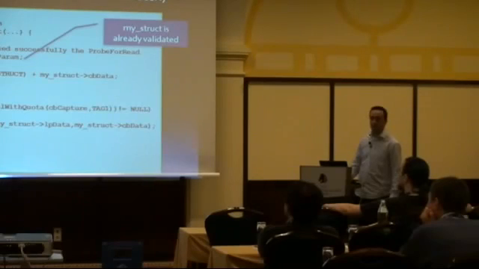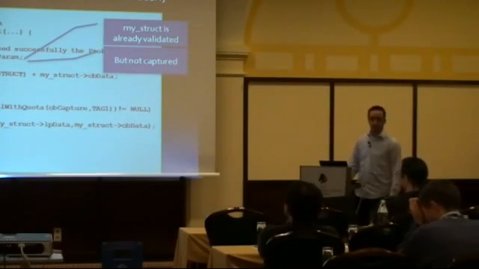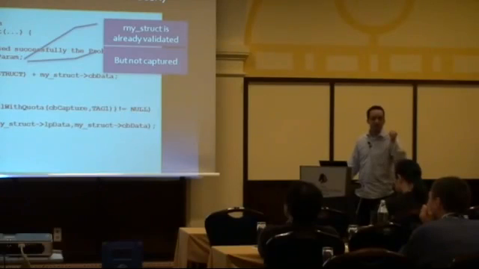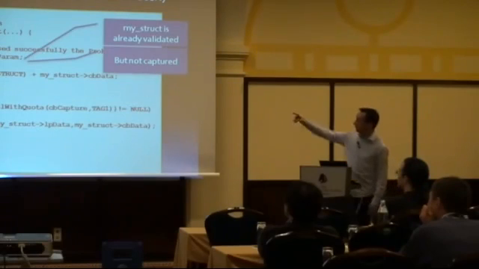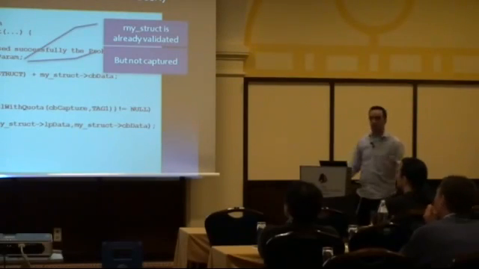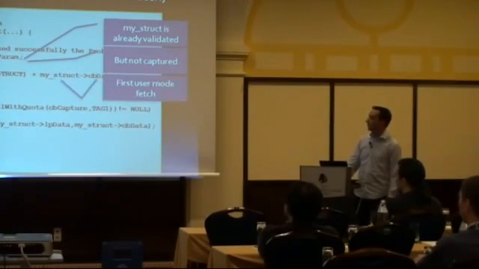Let's assume it is already validated with ProbeForRead and ProbeForWrite correctly, but not captured. So it's pointing to user mode. It has never been fetched from user mode to kernel mode. First use, my struct cbData: I'm going to grab this integer for the first time. Let's say, again, the first fetch is 5.